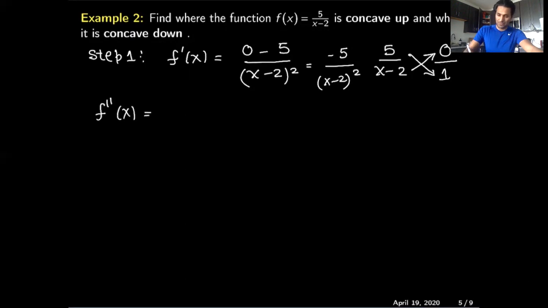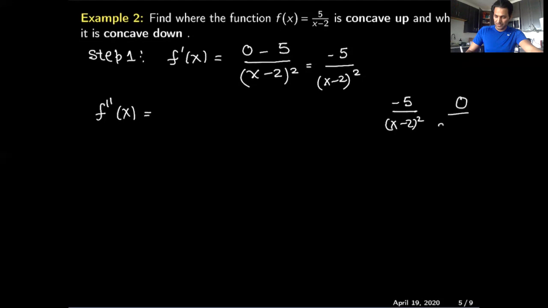I will use the quotient rule on this function, minus 5 over (x minus 2) squared. The derivative of the top is 0, the derivative of the bottom is 2 times (x minus 2). Again, low d high, high d low.